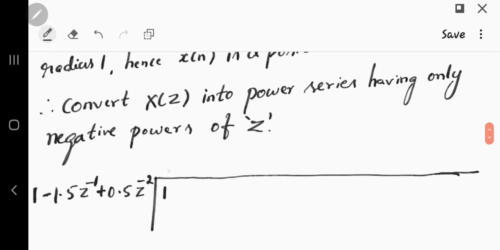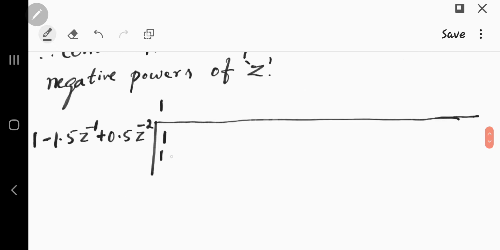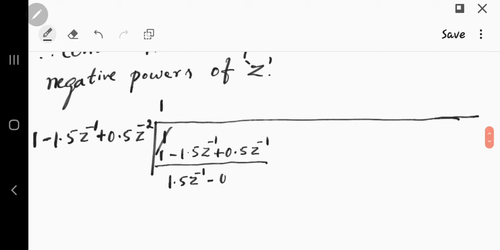So 1 and 1 is there, so I'll just multiply with 1. 1 into 1 is 1 minus 1.5 z inverse plus 0.5 z inverse. So the sign will change, and these two get cancelled. So this becomes 1.5 z inverse minus 0.5 z inverse.